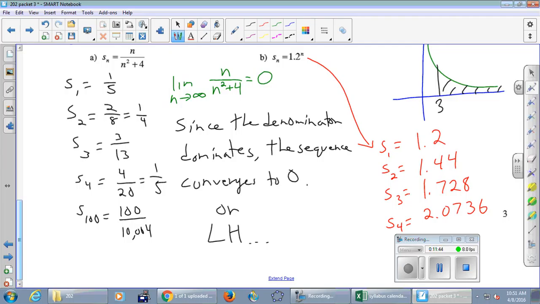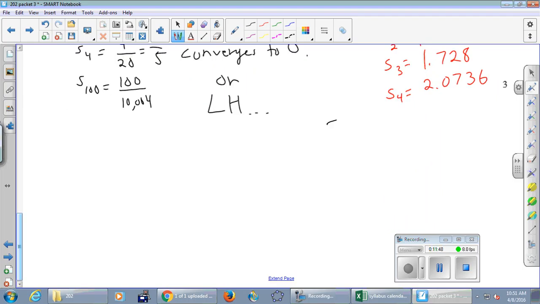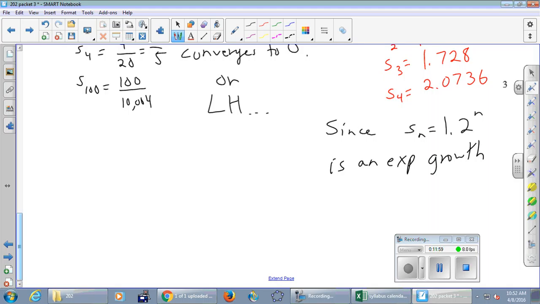So what does that mean? This sequence converges or diverges? Diverges. Since Sn equals 1.2 to the n is an exponential growth function, the sequence diverges.